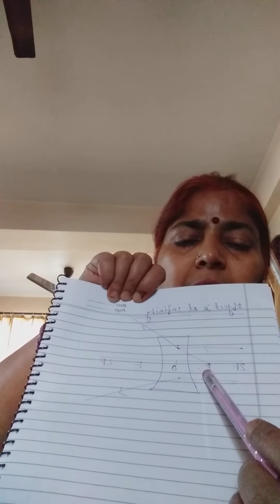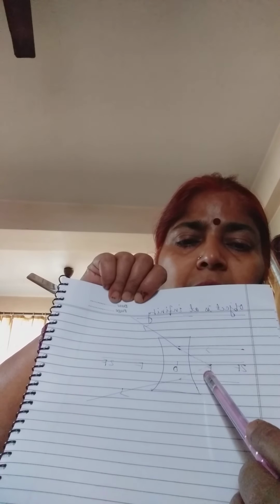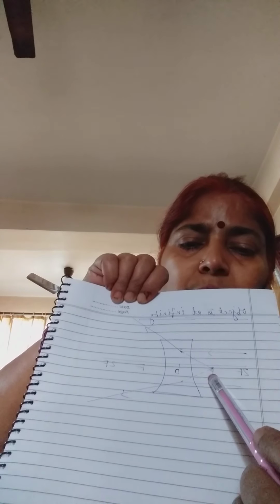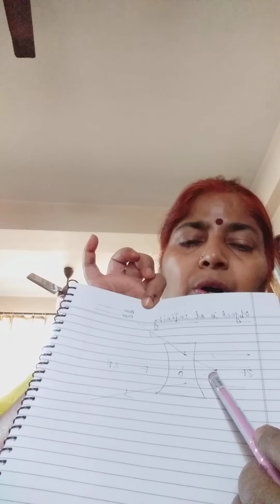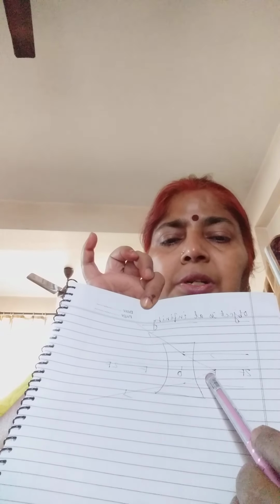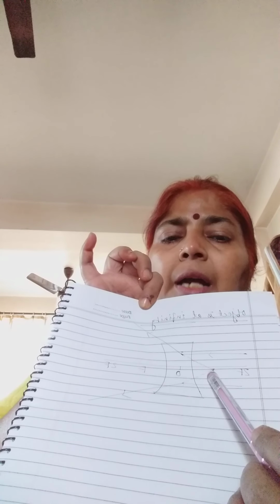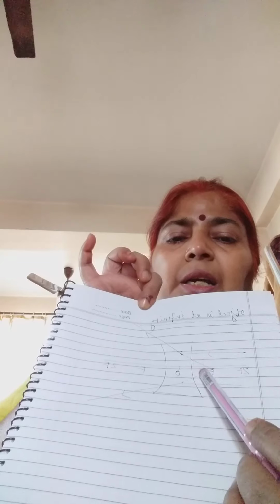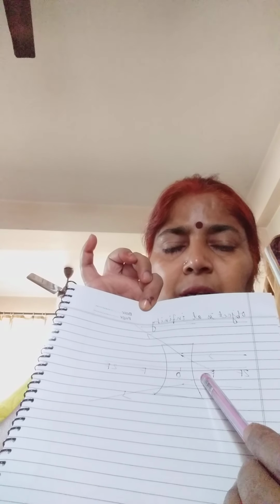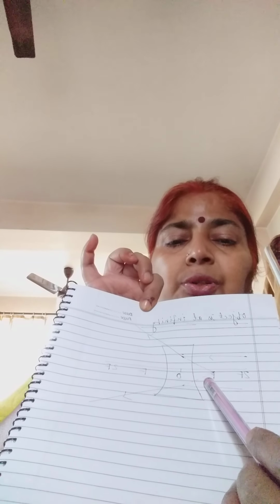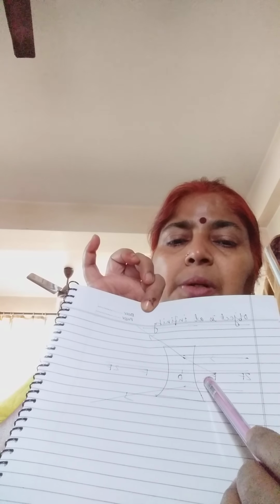This image is virtual and diminished. So you can say, children, when the object is at infinity in concave lens, the image is formed at focus. This image is virtual and diminished.